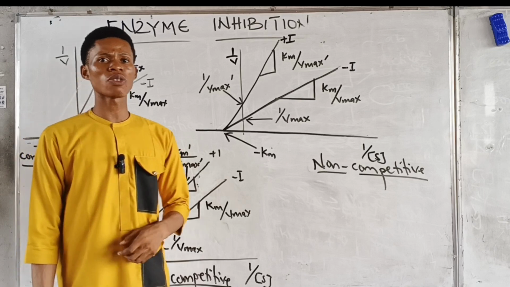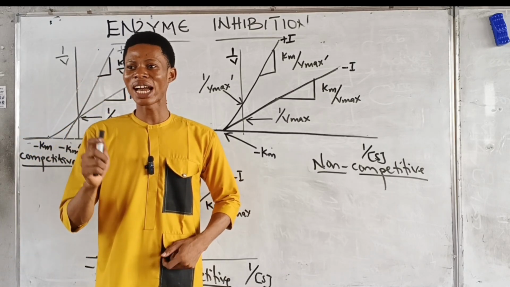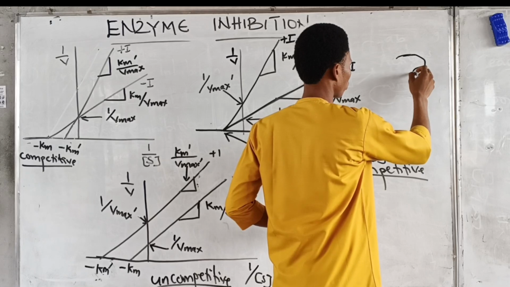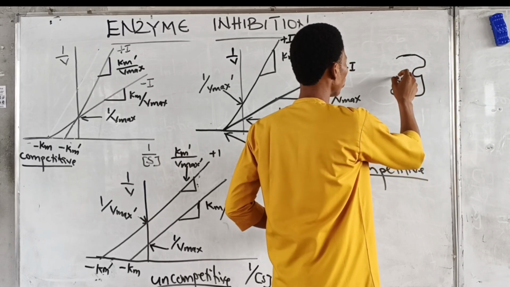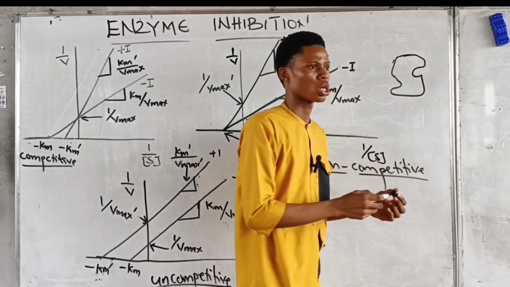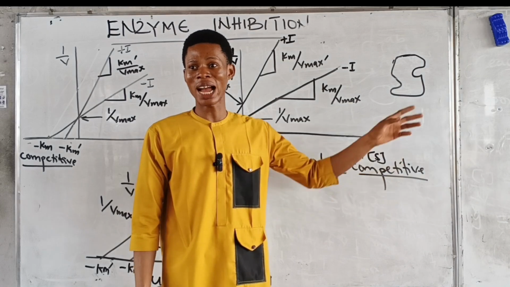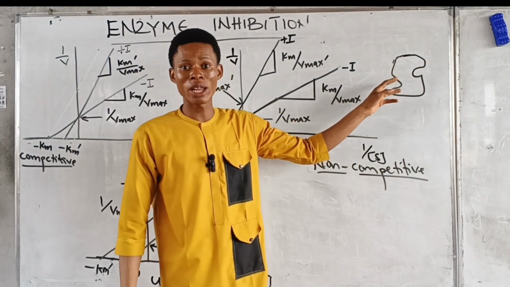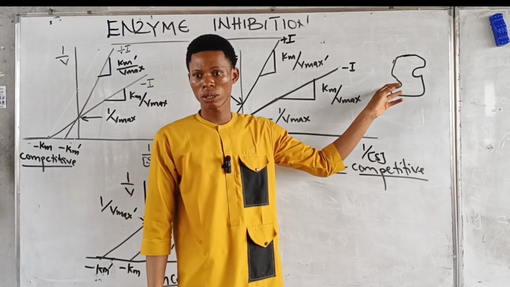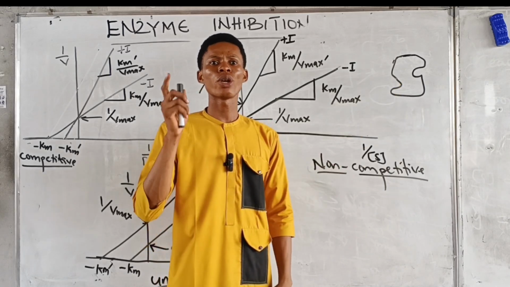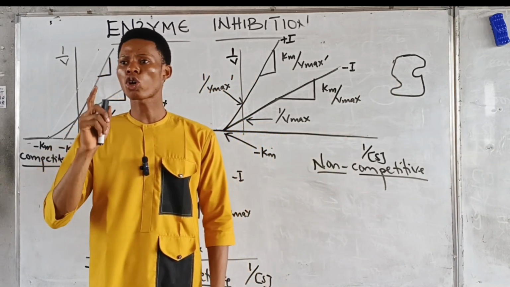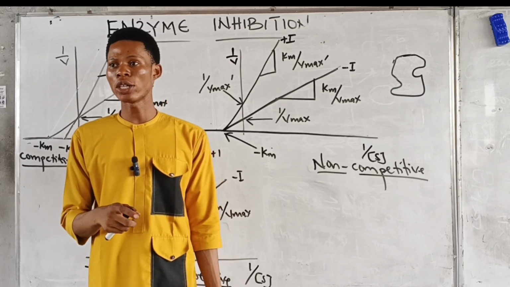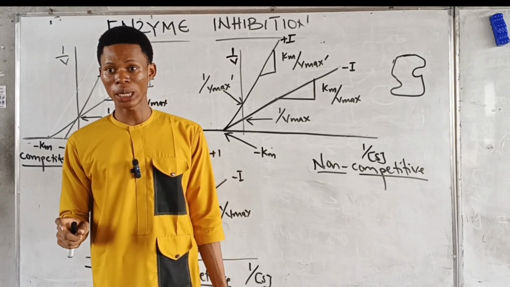In non-competitive inhibition, this is the enzyme, and non-competitive inhibitors don't have the same shape as the substrate, right? So they can only bind to the allosteric site. But we agree that non-competitive inhibitors can bind to free enzyme and can also bind to the enzyme-substrate complex, right?